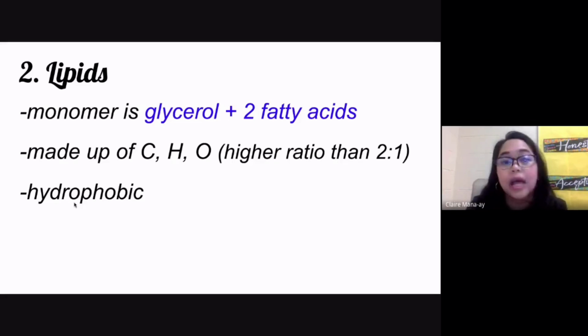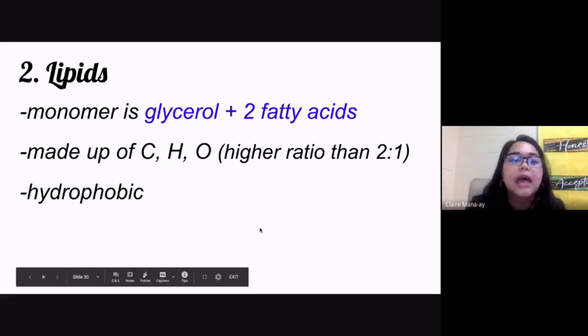They are water-fearing molecules. Unlike your carbohydrate, which is hydrophilic, water-loving, your lipids are hydrophobic. As you may notice, oil and water don't mix, because oil is an example of lipids, and they are hydrophobic molecules.